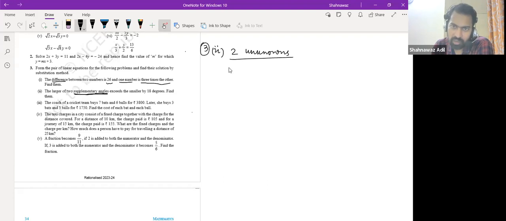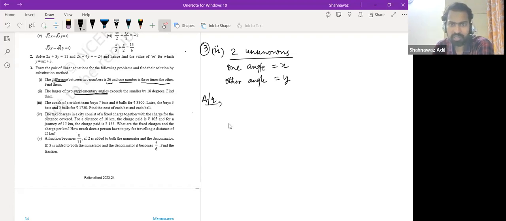So let's say one angle is x, the other angle is y. From the supplementary condition, x plus y would be how much? 180 degrees. This is the first equation we have.